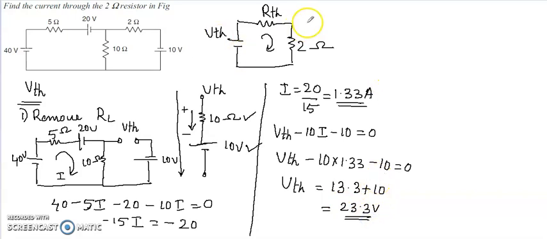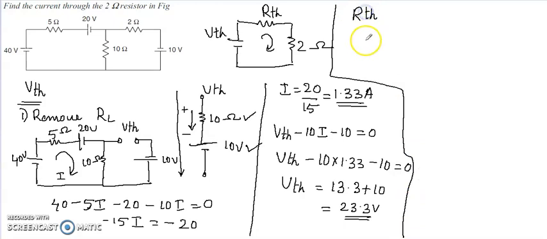Okay, so now we have to calculate RTH. So now we will go for RTH. The first step for RTH is also to remove the 2 ohm resistor, and also we have to short circuit the voltage sources. So we can draw the circuit like this.